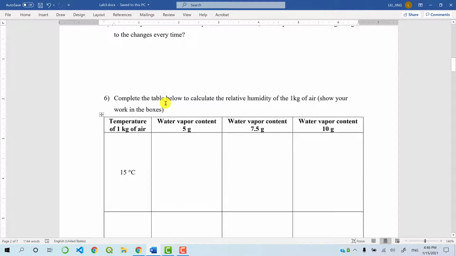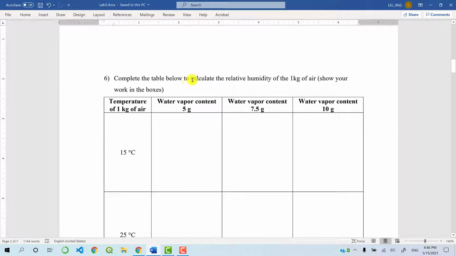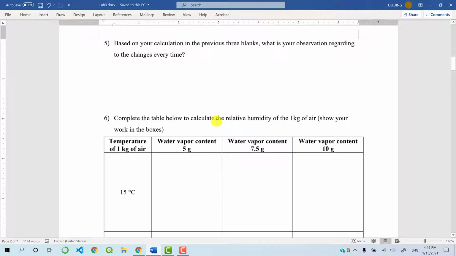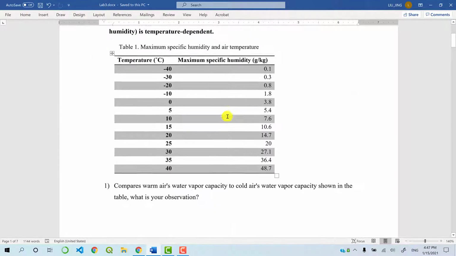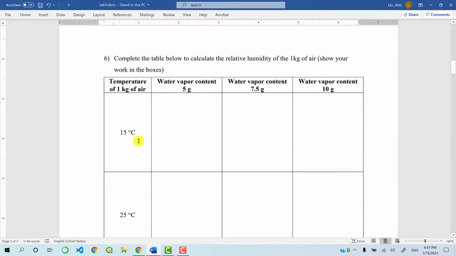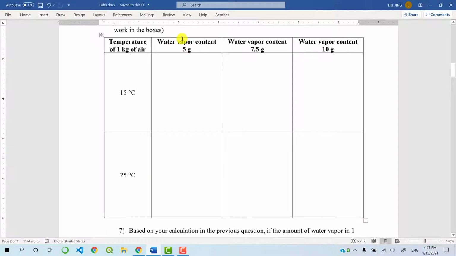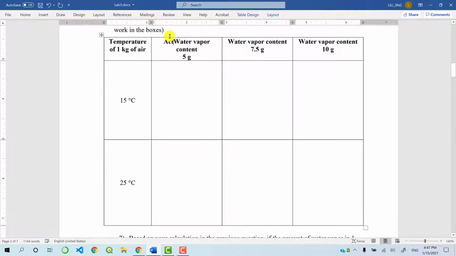Then I want you to complete the table below to calculate the relative humidity. Remember, you need to use this formula. Here you can see 15, 25. You have your water vapor content, the actual water vapor content. Here you need to show your work based on the temperature, what's the max, and the actual water content.